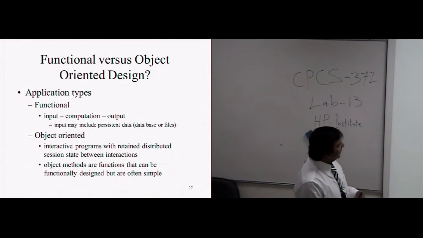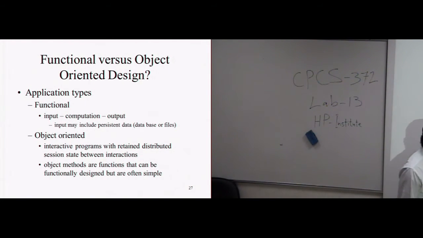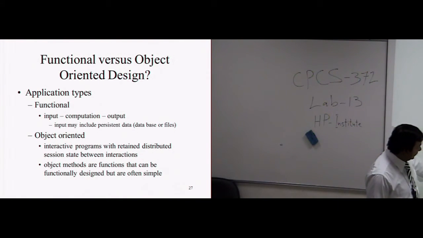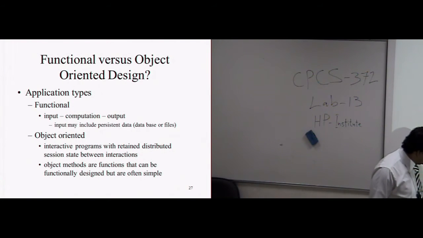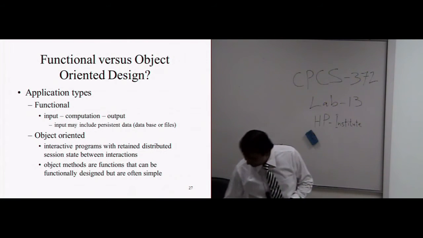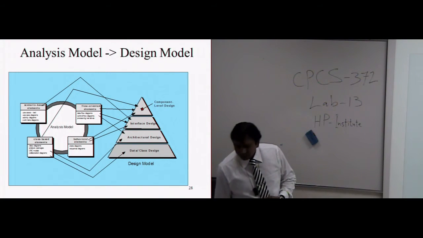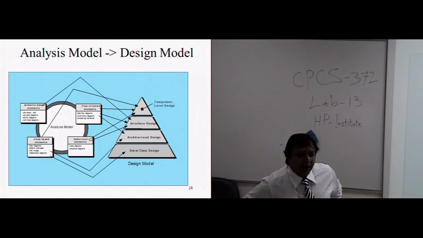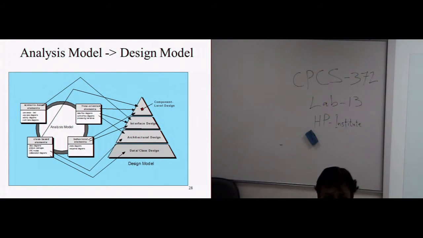So functional, we have input, computation, and output, which we already covered. And object-oriented, we have the classes and the state diagram, and functionally designed but not simple. In the design, we have the analysis model and the design model.